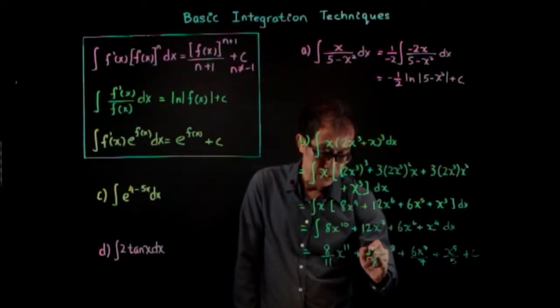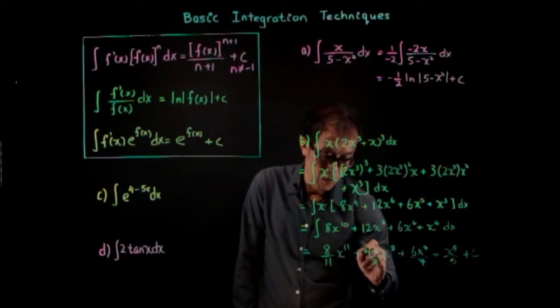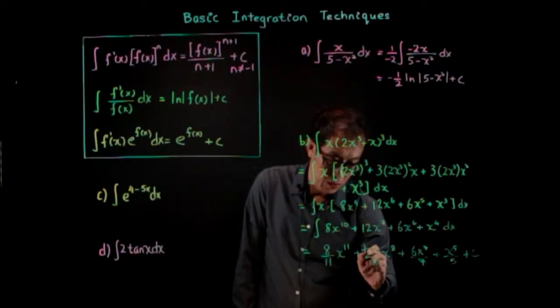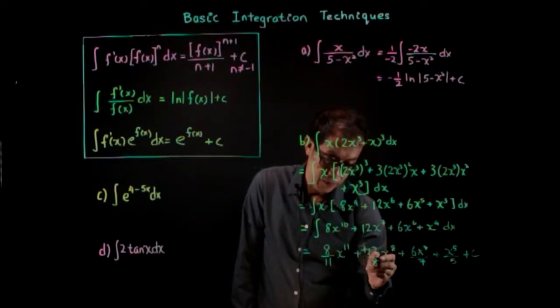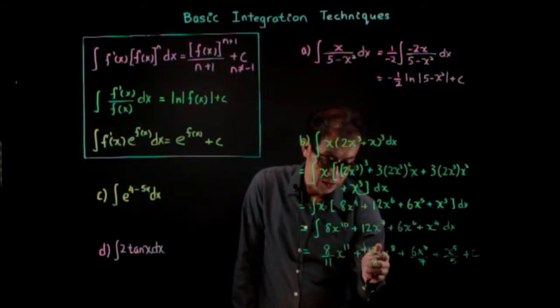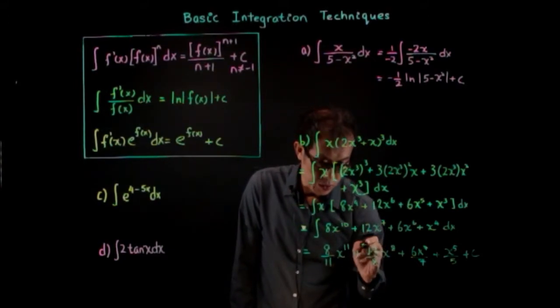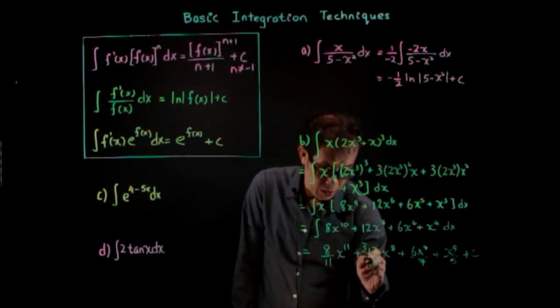Now this one we can simplify by dividing by 4, so this will be equal to 3 over 2.